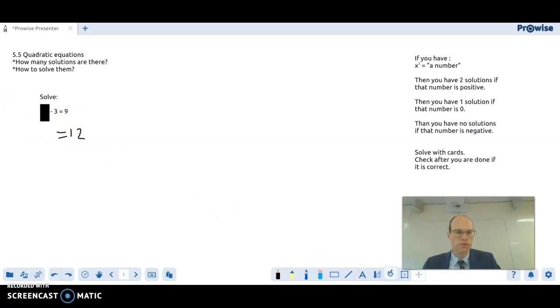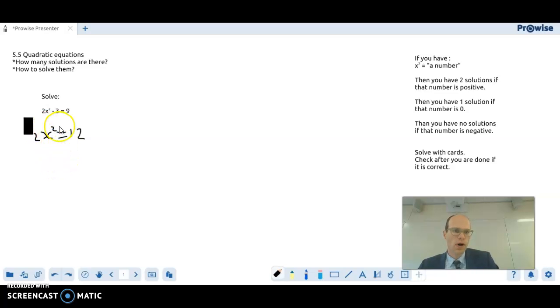I'm just going to remove the card. So 2x squared is equal to 12.